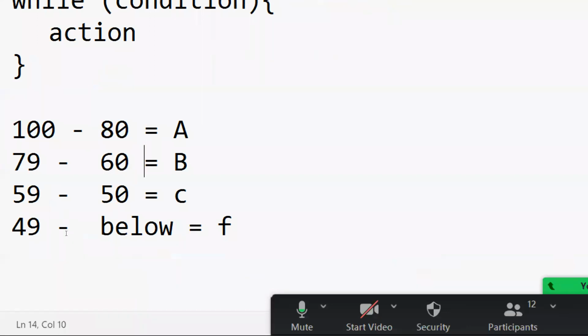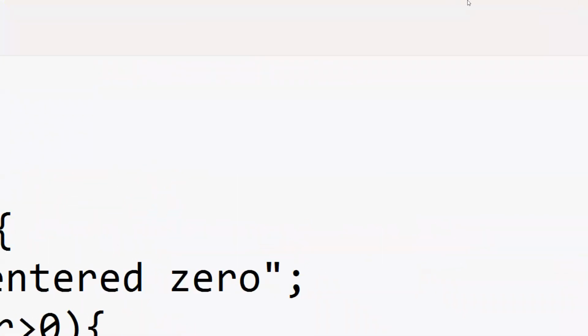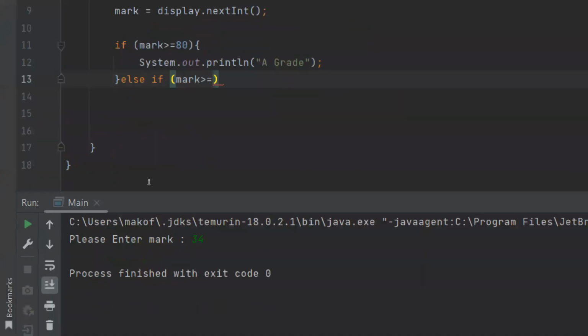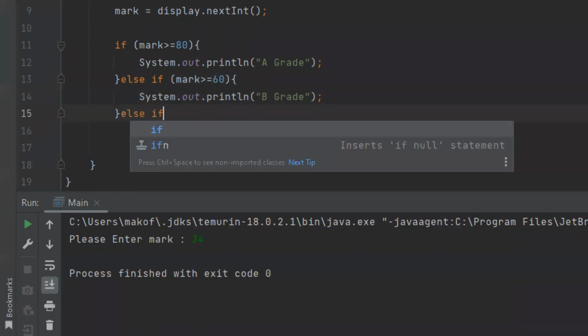So here I have to do 60 and above, so it means over here I have to do 60 and above. And if you are 60 and above, then that means you have a letter grading of what? B.